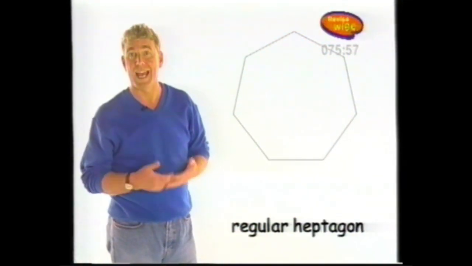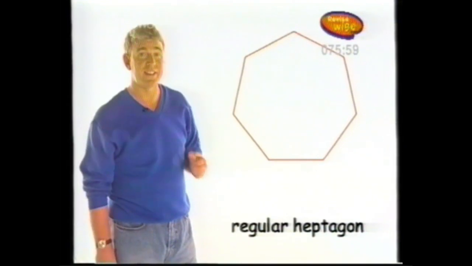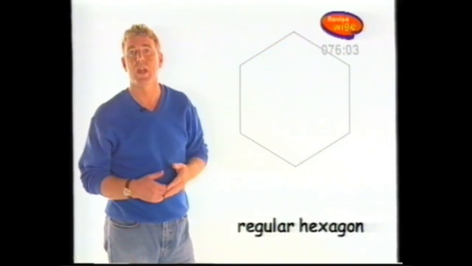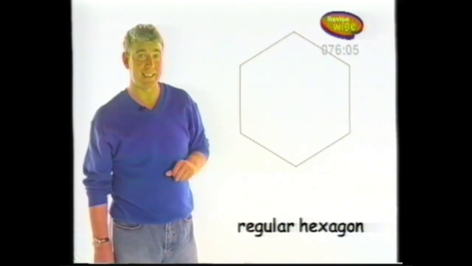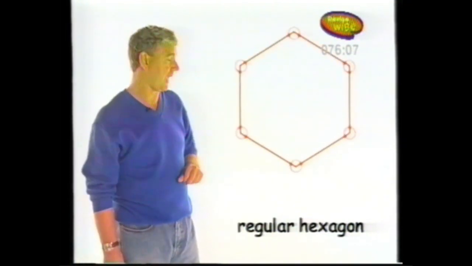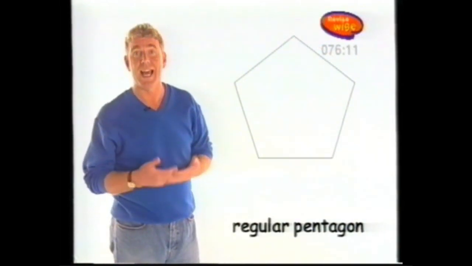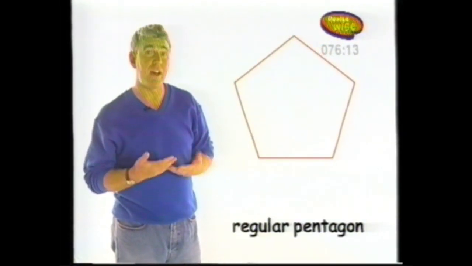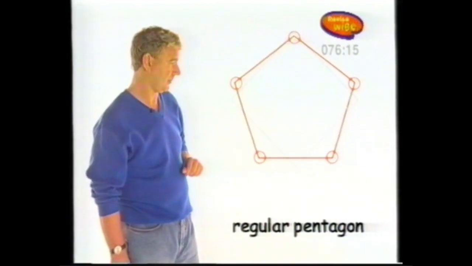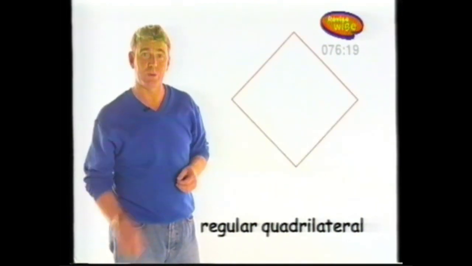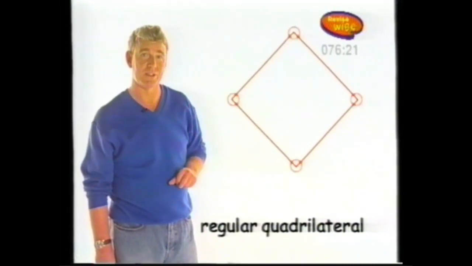A regular heptagon has 7 equal sides and 7 equal angles. A regular hexagon has 6 equal sides and 6 equal angles. A regular pentagon has 5 equal sides and 5 equal angles. And a regular quadrilateral has 4 equal sides and 4 equal angles.